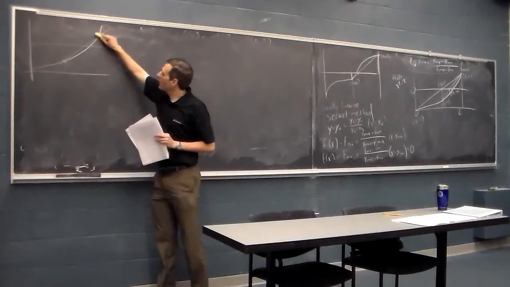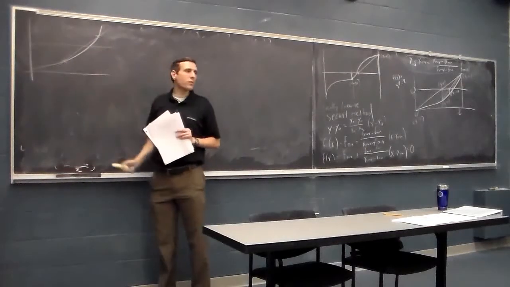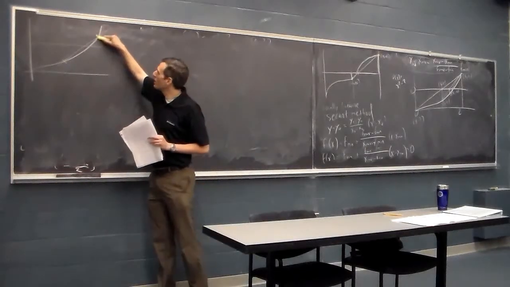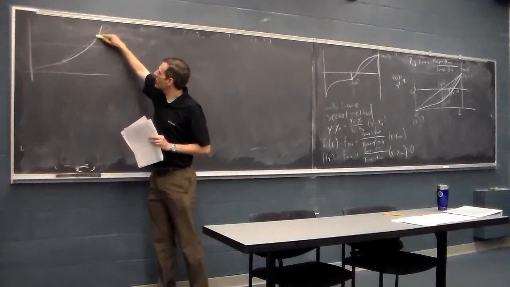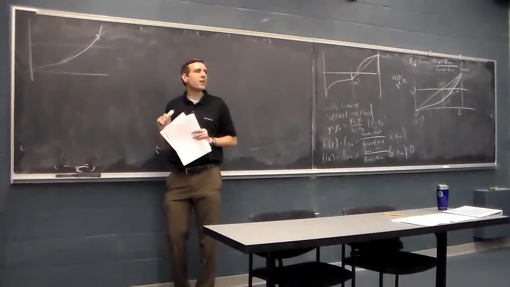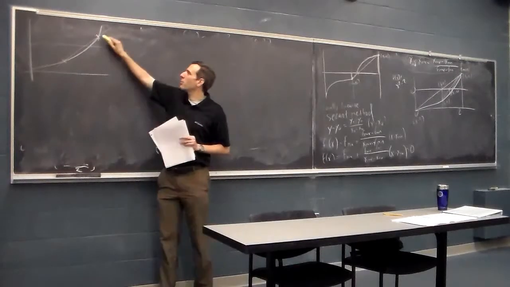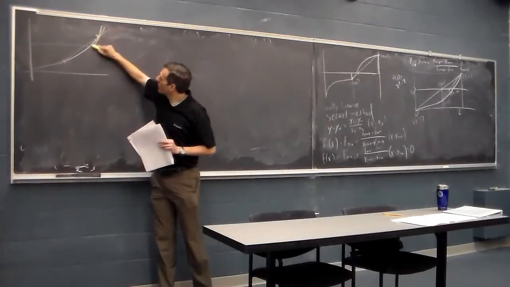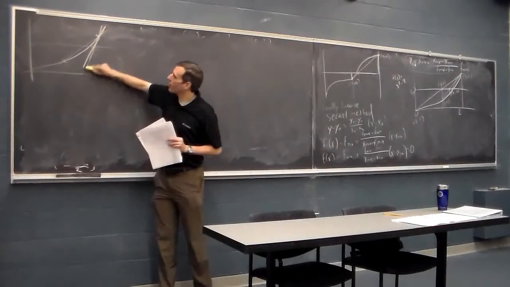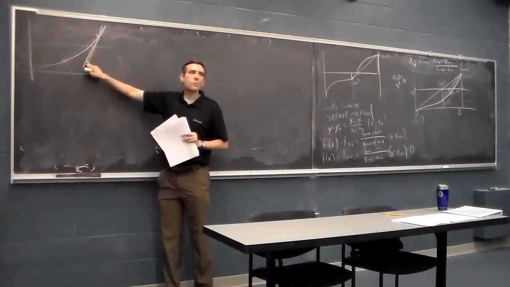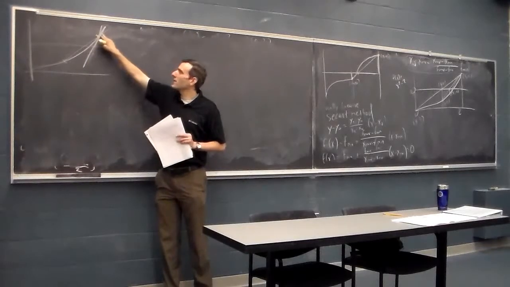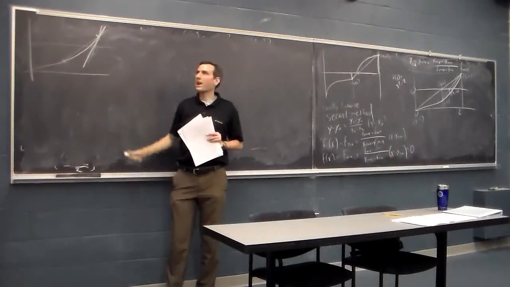So in other words, instead of pretending we have an interval that we know about, we're just going to pretend that we've got one guess as to a good point on the curve, and then we're going to try to linearize the function in the immediate vicinity of that point. So in other words, we're going to put a tangent to our function at that point. So try to find a line that matches the slope of the function at that point and matches the value of the point at that point.